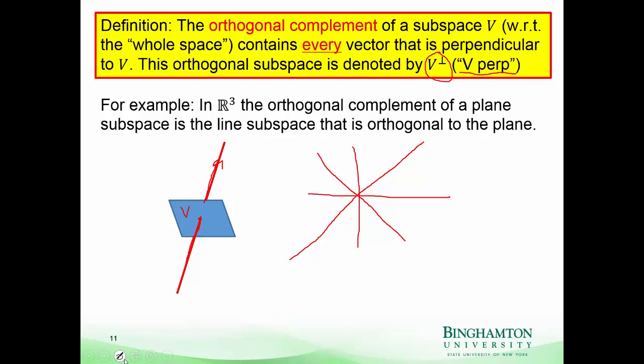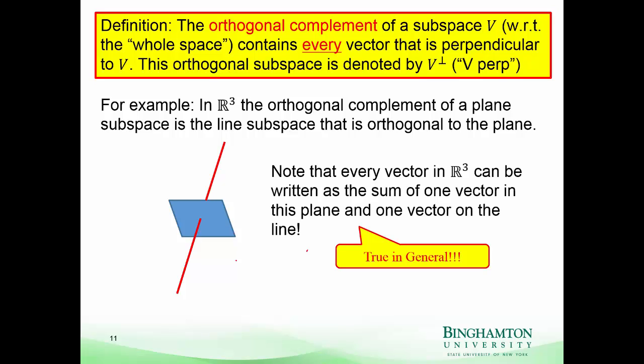So let me clear this stuff off here and go to the next text box. The other thing, and this really is a key point of these orthogonal complements, is that any vector in the whole space, and I'm just illustrating this with our example R3, here's our origin. Let's suppose I pick a vector that sticks out like this.